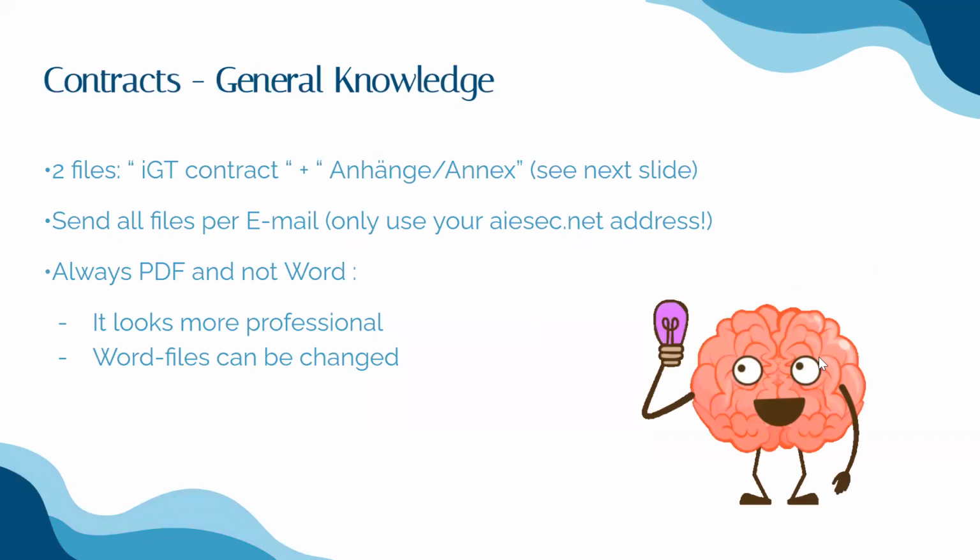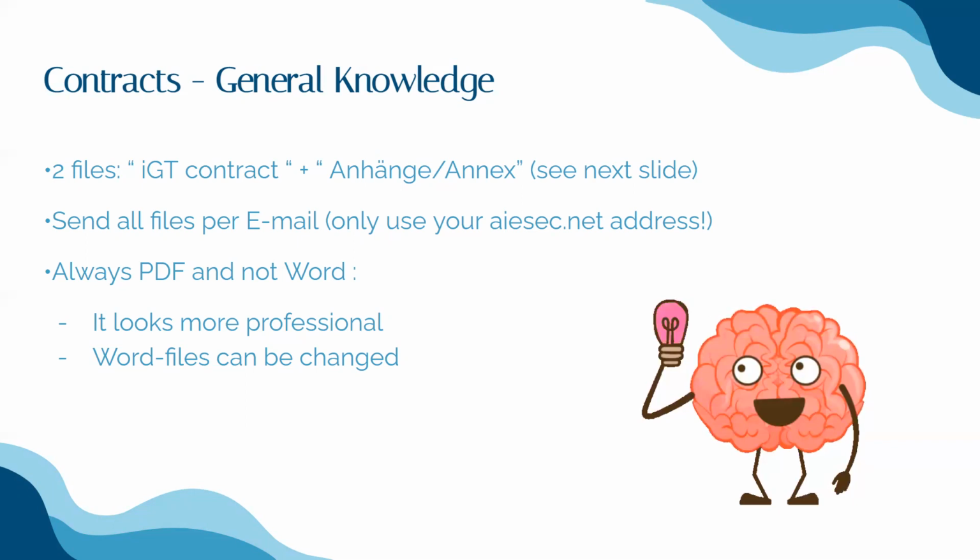Now, generally speaking, once you and the company agree to work with each other, you send the company a contract. Next to the contract, it is crucial that you also send 2 annexes, which we will cover more in depth in the next slides.